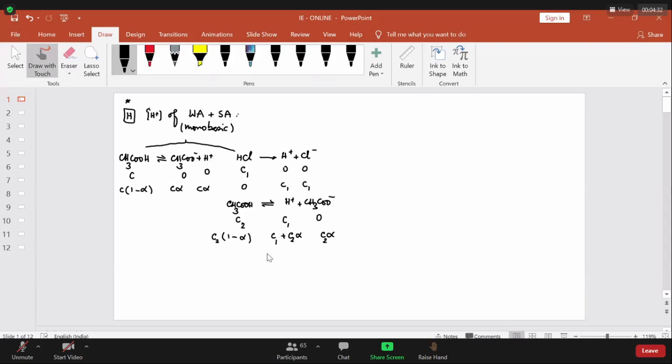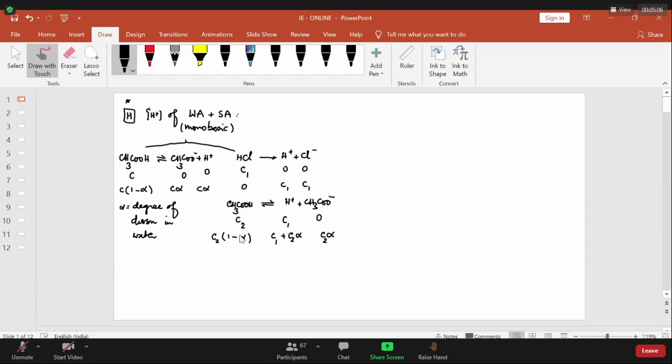What is the next point? Sir, if it is so, are these the same? No. Remember, alpha is the degree of dissociation in water, whereas now you are discussing degree of dissociation in presence of strong electrolyte. Go back, flashback. What happens in presence of strong electrolyte?